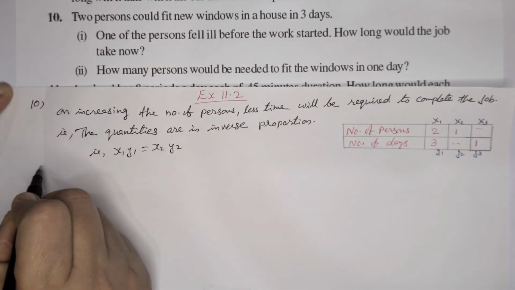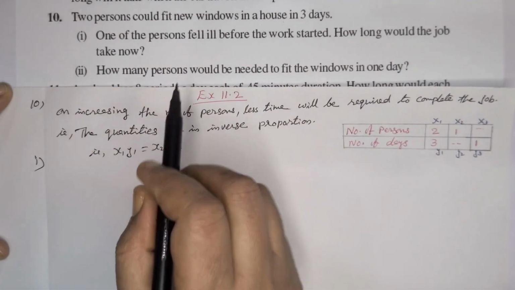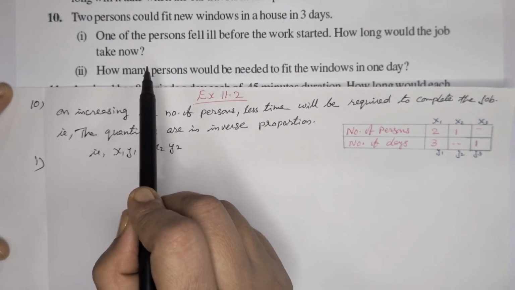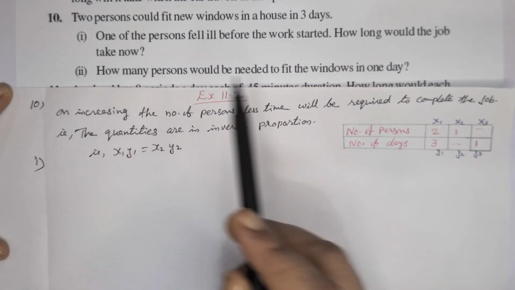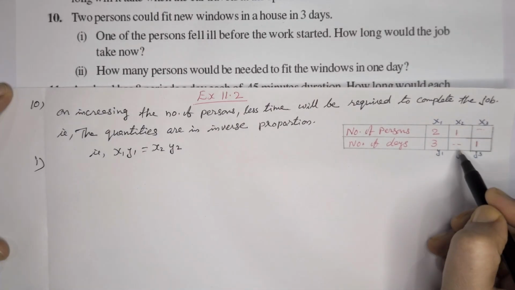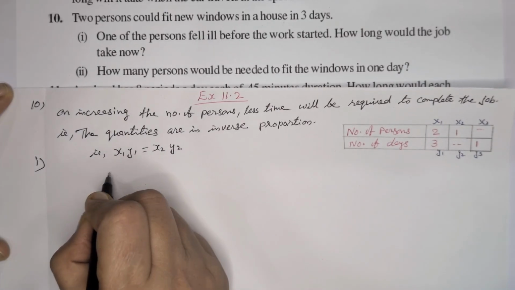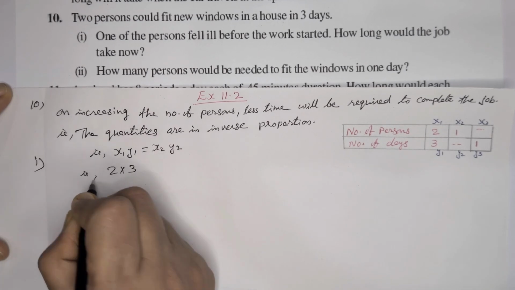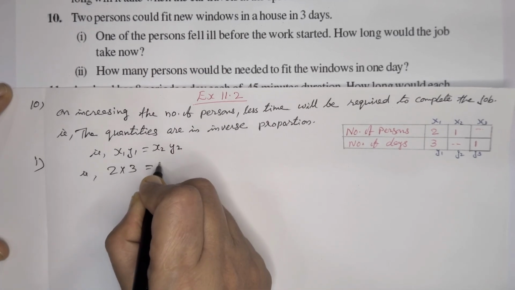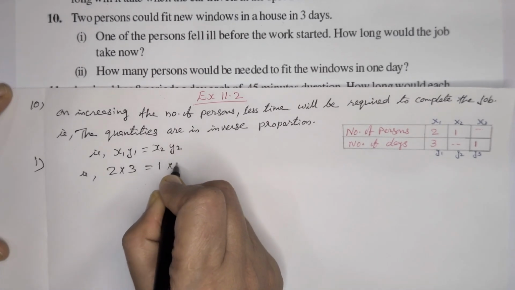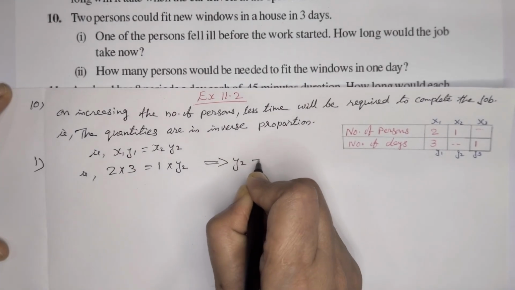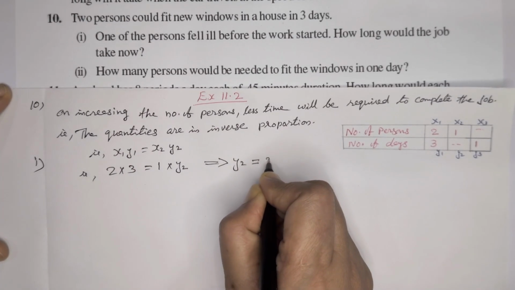First case, one person fell ill before the work started. How long would it take to do the job? So one person, we have to find y2. That means 2 into 3 is equal to x2, which means one person, y2 we have to find, which implies y2 is equal to 2 into 3, 6.